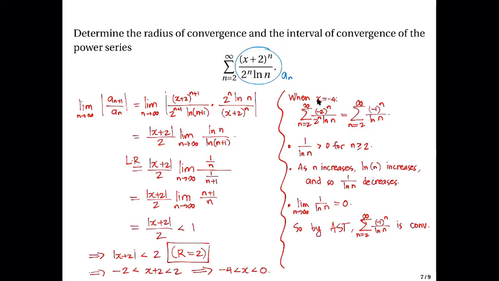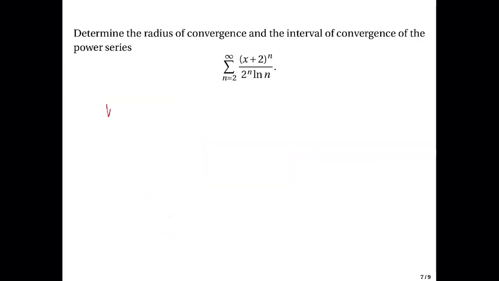For the other endpoint, I'll leave that to you. You check that when x equals 0, the series obtained will be divergent. So when x equals 0, we have the series 1 over ln n, n from 2 to plus infinity. Check or verify that this is divergent.